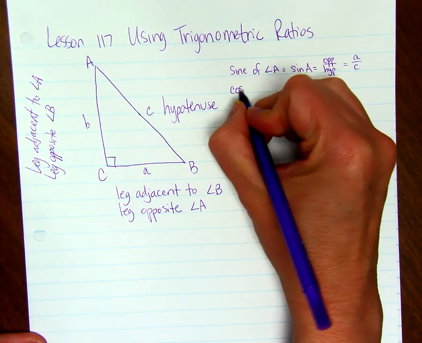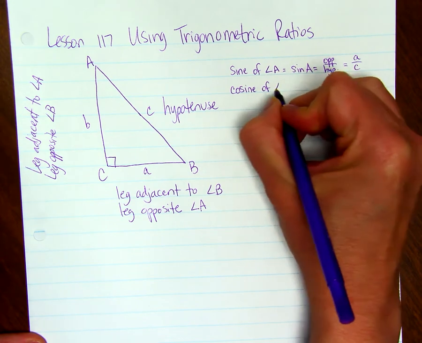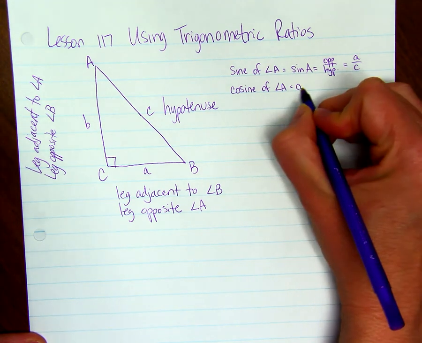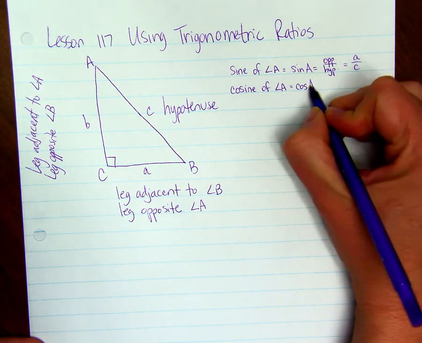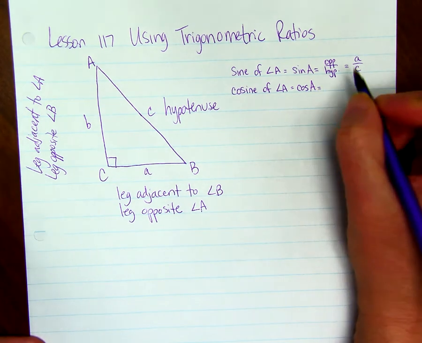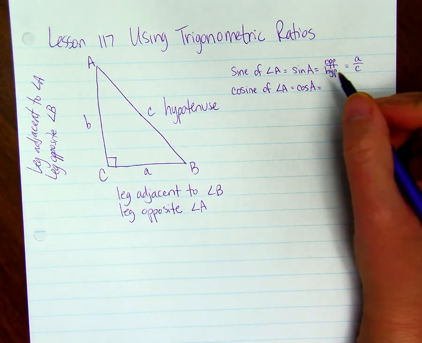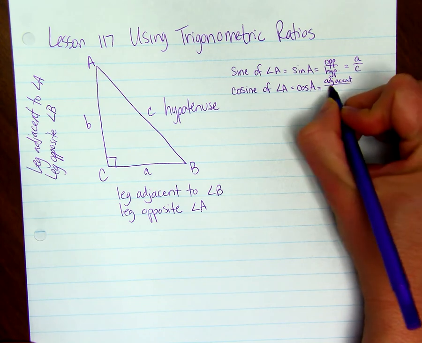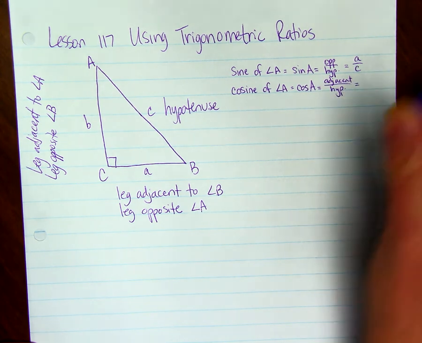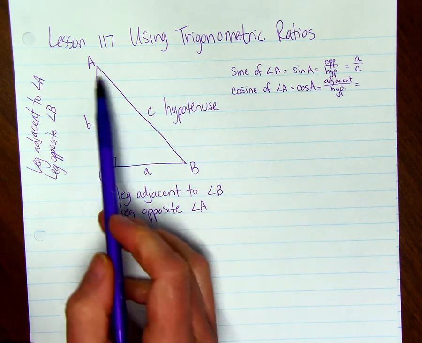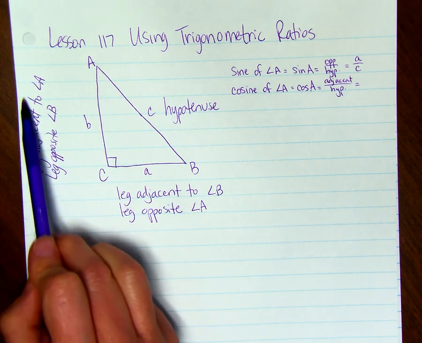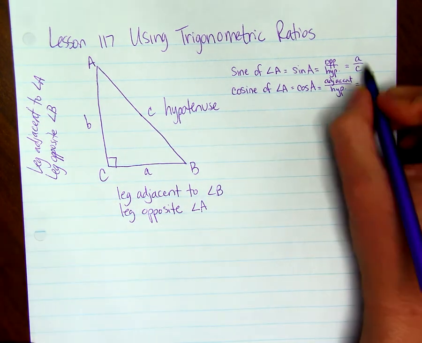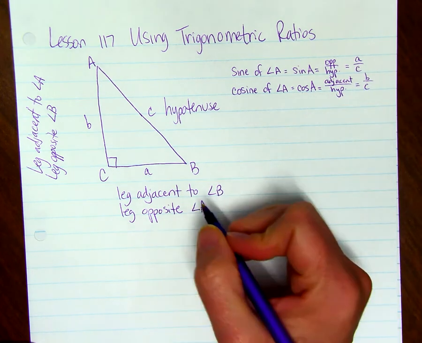Then we have the cosine of angle A, and we write cos, and that is the adjacent over hypotenuse. The adjacent leg of angle A is side b, so it's little b over c.